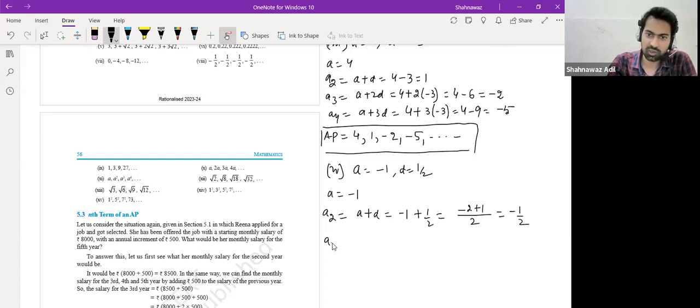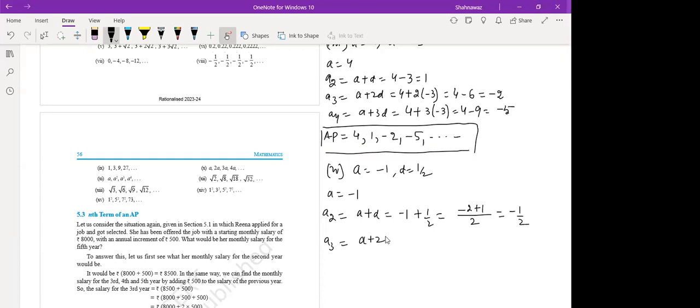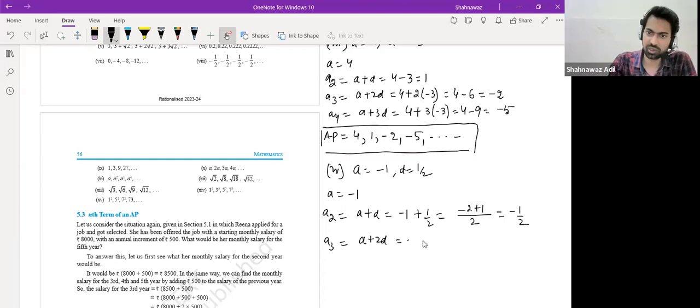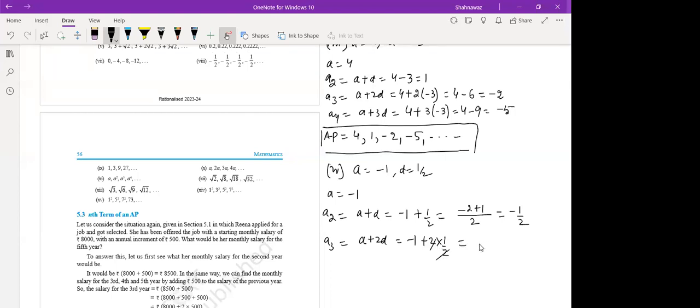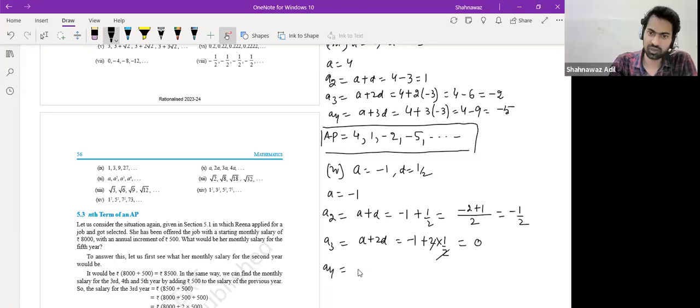And then A3 would be A plus 2D. So this would be -1 plus 2 into half, right? So this cancels and we have how much? 0, right? Correct. And then we have this A plus 3D. So this is -1 plus 3 into half.